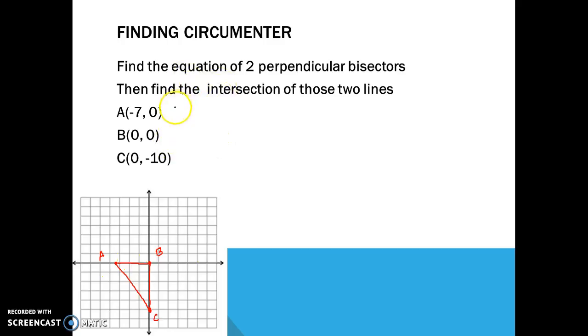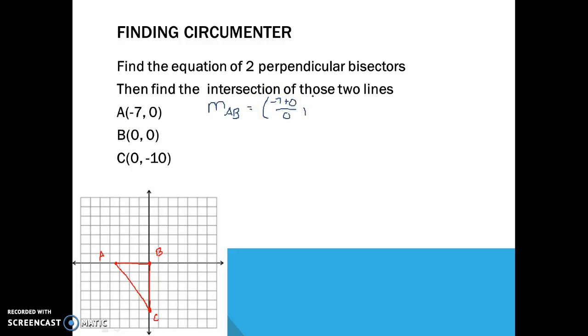So we just need to find the midpoint of AB. It goes from 0 to -7, so we know we're going to be halfway between 0 and -7, which is -3.5. But to practice our formula, we add up our x's, 7 and 0, and divide by 2.